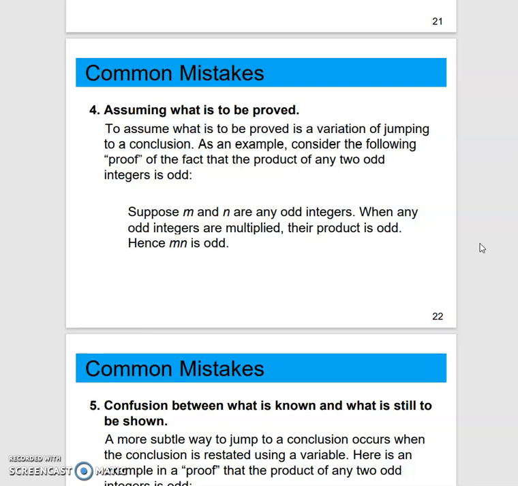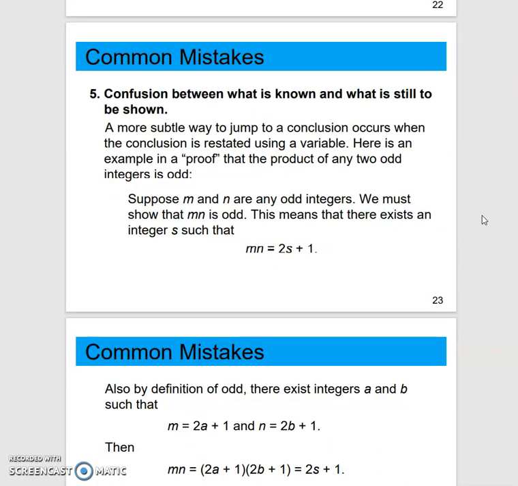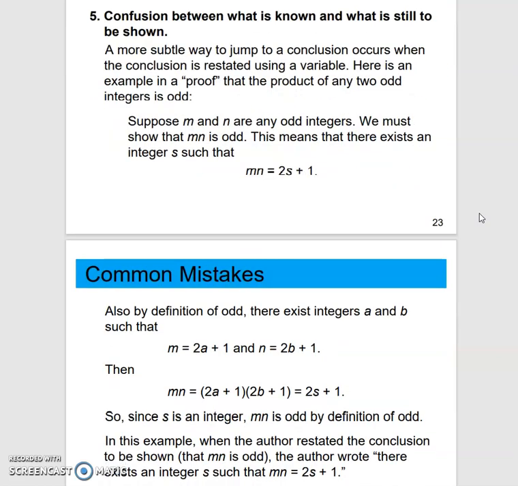Assuming what is to be proved. Again, this is a very common mistake: whatever we're trying to conclude, we end up just assuming that it works. And you're not allowed to do that. So be very careful that your assumptions do not include the thing you're trying to prove. Some of these mistakes are a little bit less clear about what they mean, but there's confusion between what is known and what is still to be shown.